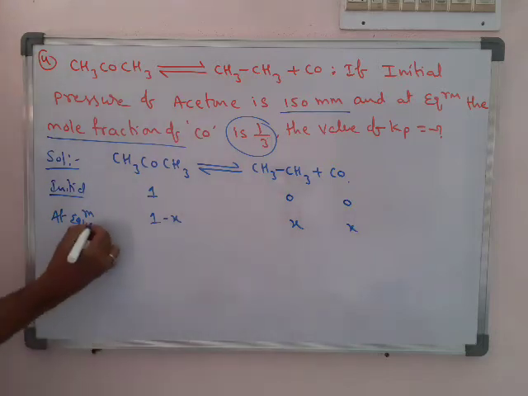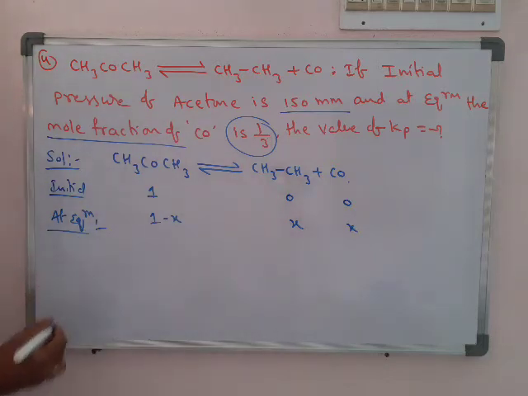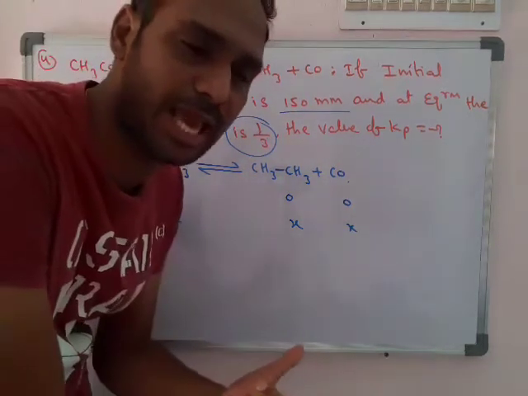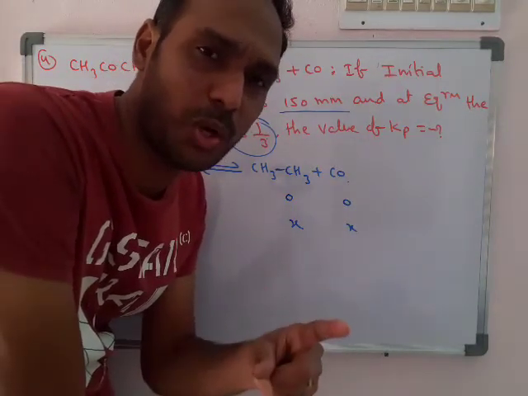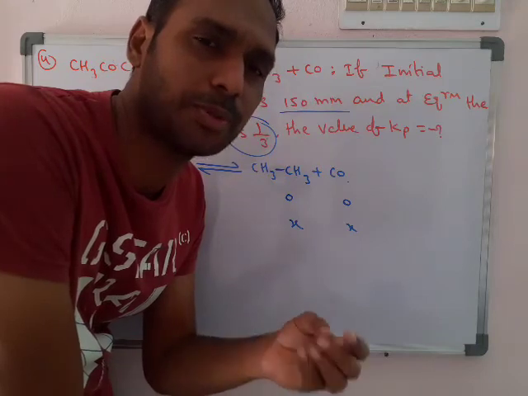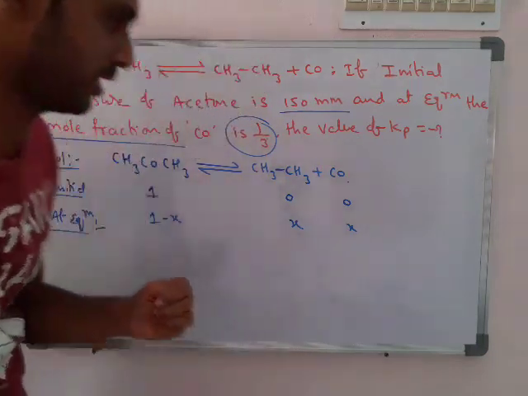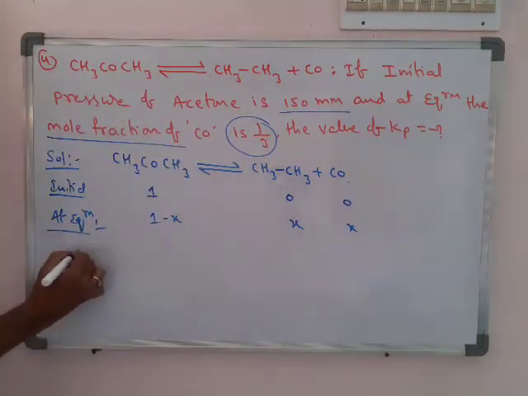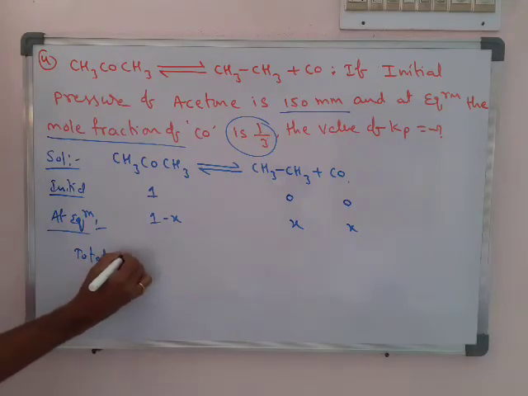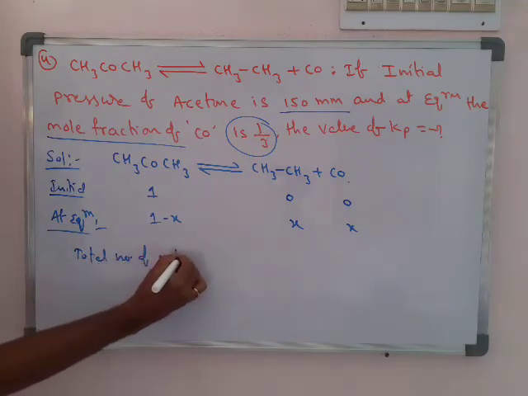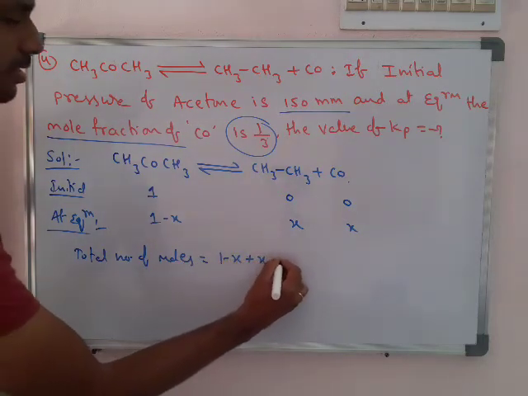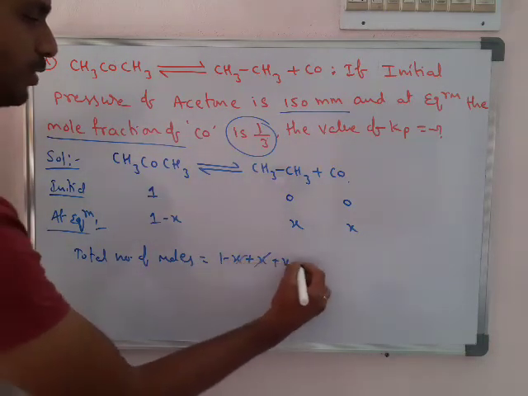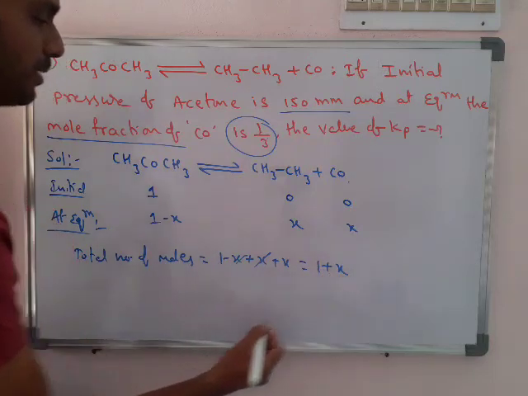The mole fraction of any compound is equal to the number of moles of that compound divided by the total number of moles. Here the total number of moles is 1 minus x plus x plus x, so the total is 1 plus x.